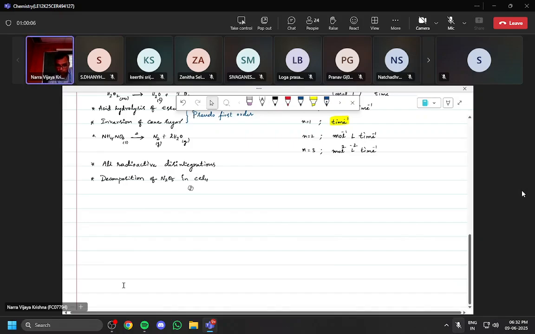Decomposition of N2O5 in presence of carbon tetrachloride solution follows first order kinetics. So these are all examples of first order reactions. Right? Next, sir. I think in our target booklet they gave experimental methods of determining first order. One sec.